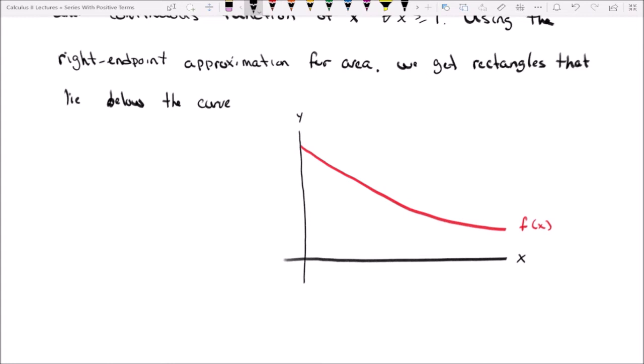Remember, with right endpoint, we take the height of each rectangle to be the right endpoint of each subinterval.